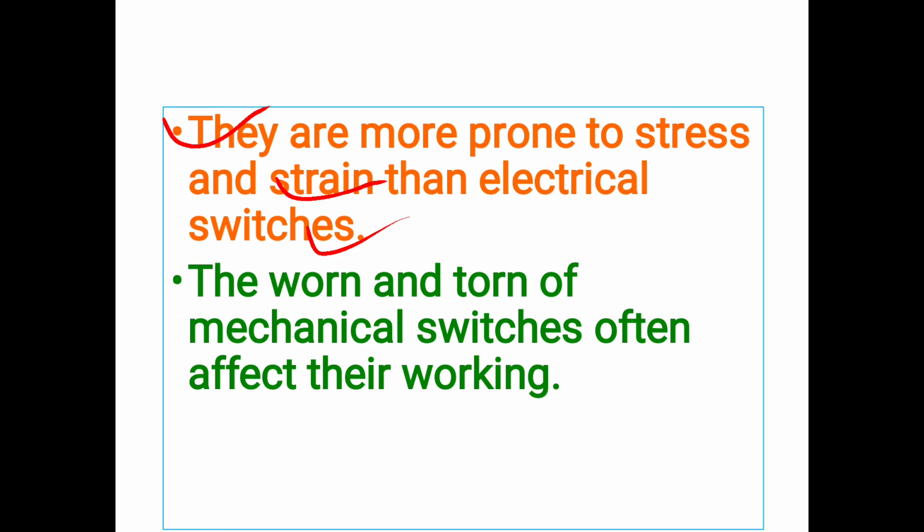Due to that, there may be some damage after using it for a long time. So this is also one of the disadvantages of the mechanical switch. But if we use the electrical switch, then we will get some advantage over it, because we will not apply the stress and strain force.